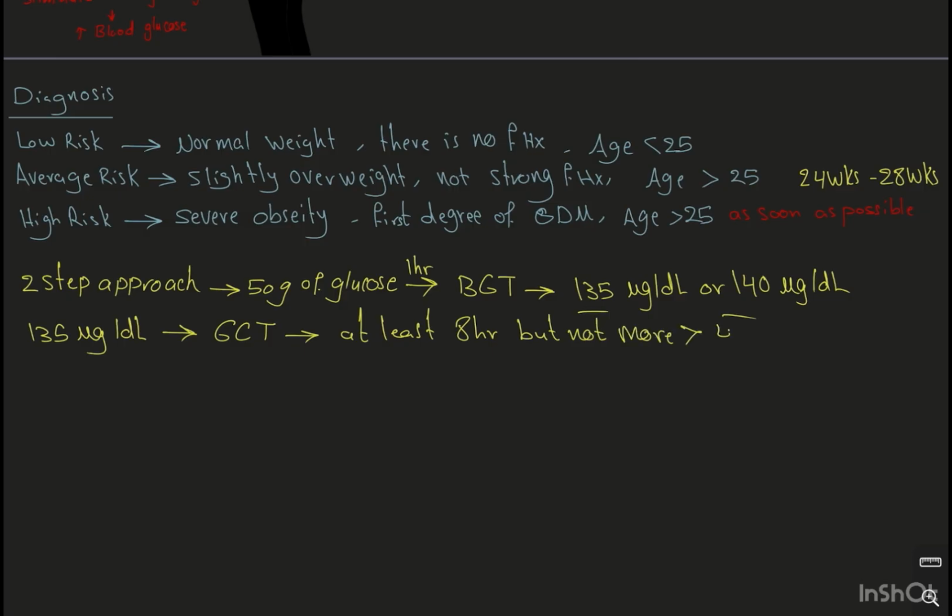And the last 3 days should be an unrestricted diet, with more than 150 grams of glucose taken daily.